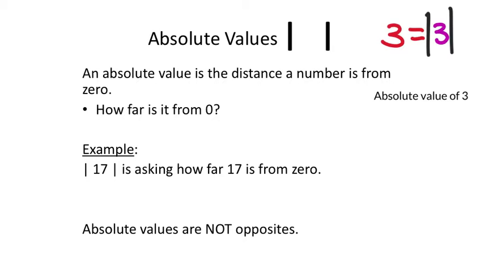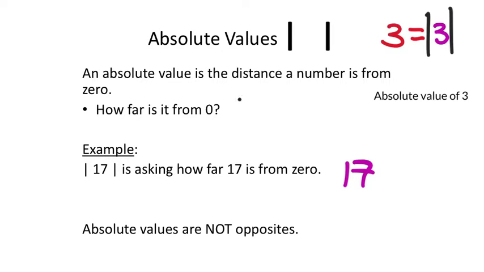But once again, absolute values are those distances from 0, which I think makes those kind of easy, right? So like this one. This would read the absolute value of 17. The real question it's asking is, how far is 17 from 0? And hopefully we know that 17 is 17 from 0, okay?